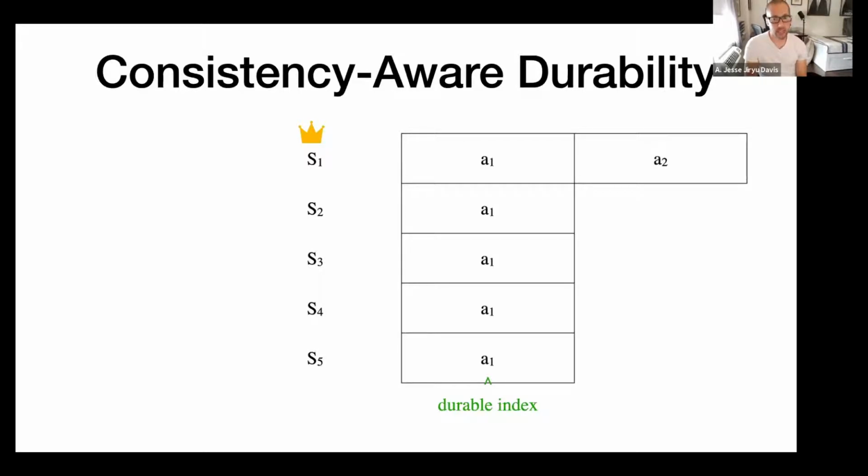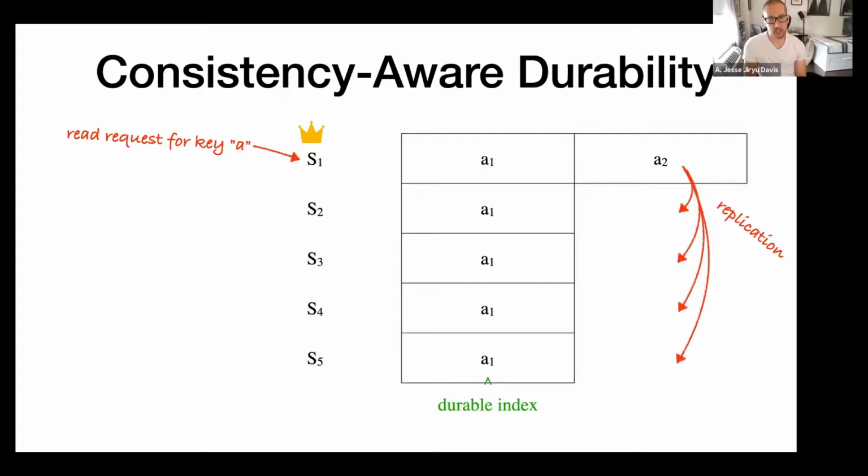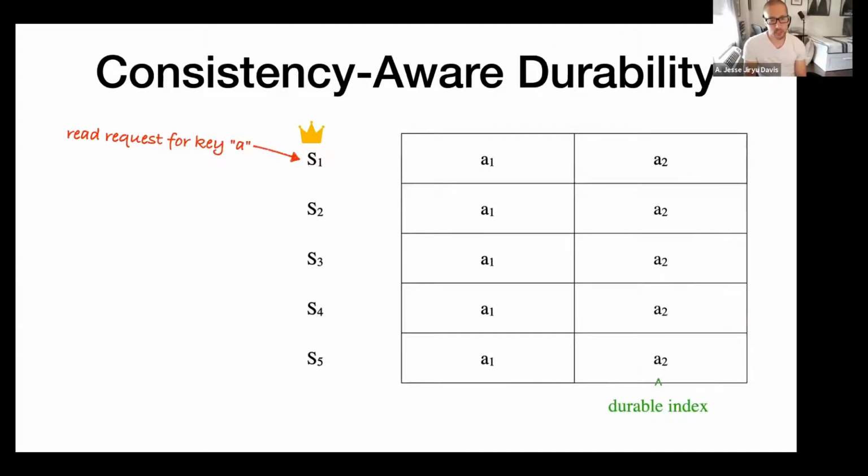So in CAD, when the leader receives a read request for a key, like A, that is not yet durable, so A2 has not been fully replicated yet, the leader does not reply. Instead, it awaits replication to all of the followers. Then it updates the durable index.